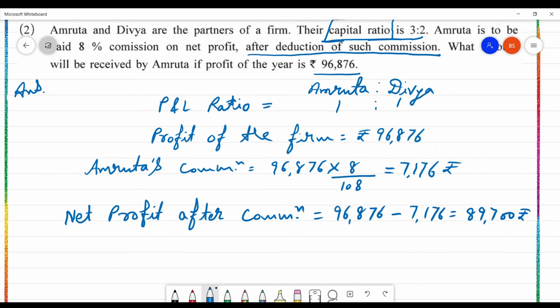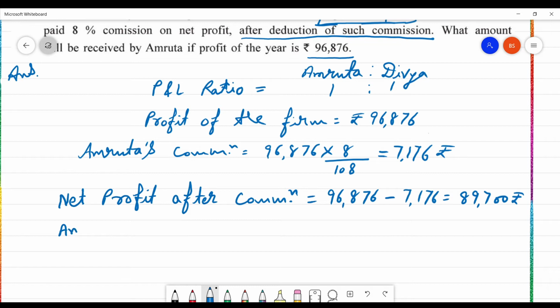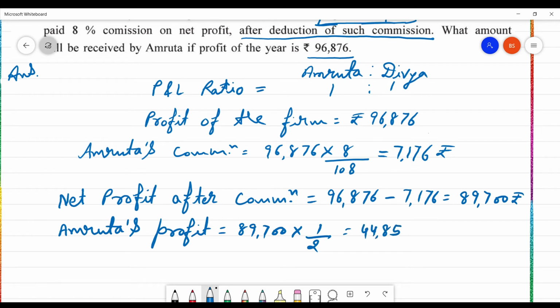Then we will find out the amount of profit which is gained by Amruta. So Amruta's profit equals 89,700 and her share is 1 divided by 2 because 1 plus 1 equals 2. 89,700 divided by 2. It comes to 44,850 rupees.